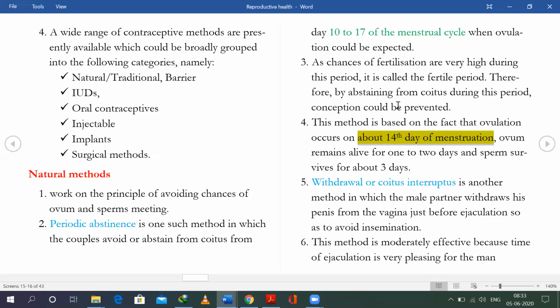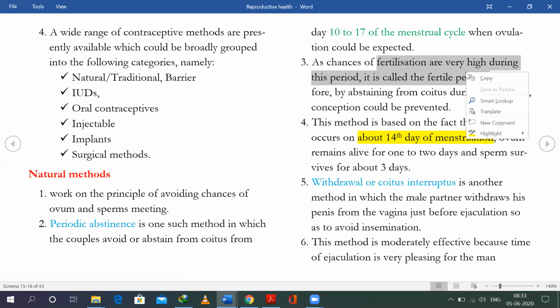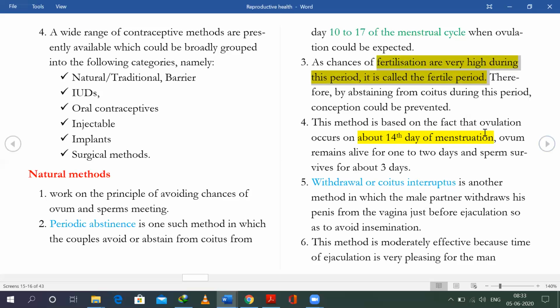That is why sexual intercourse is abstained or avoided in the 7 days of the menstrual cycle where the ovulation is expected. The chances of fertilization are very high because this is the most fertile period. We have a high chance of this couple getting pregnant here.